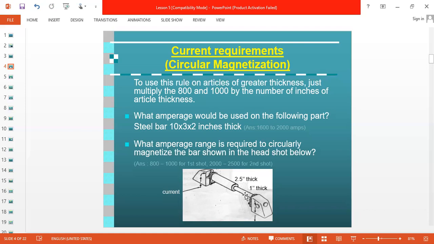So if there are different diameters, we apply the current value for the small diameter and examine it, then apply the current for the bigger diameter and examine only the bigger diameter area.